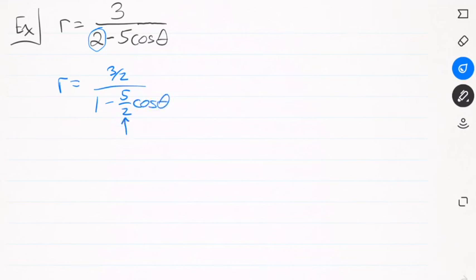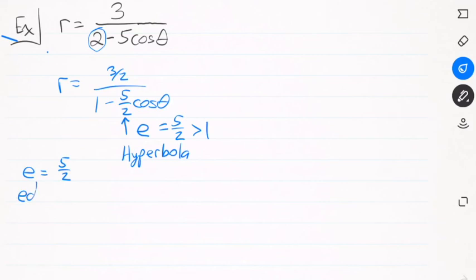Because this is the coefficient of the cosine, it tells us that the eccentricity is equal to 5 halves, which is bigger than 1, which makes this a hyperbola. If E is equal to 5 halves as the eccentricity, then the top number is ED is equal to 3 halves.